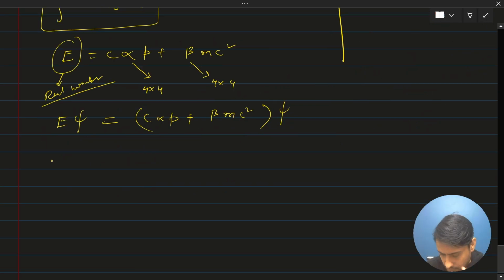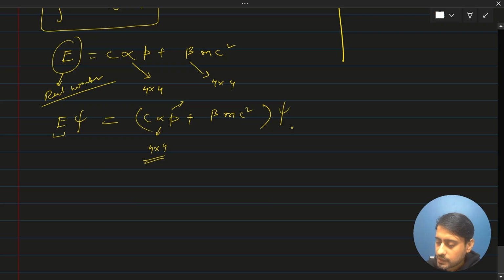If you look closely, you will find that E, the energy, is just a real number, and alpha is basically a 4 by 4 matrix. P is the momentum vector.